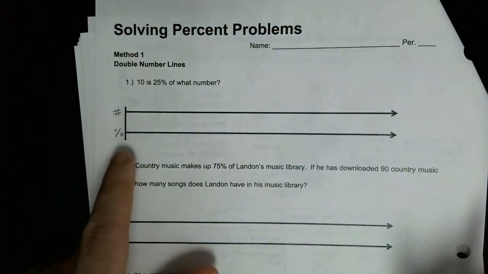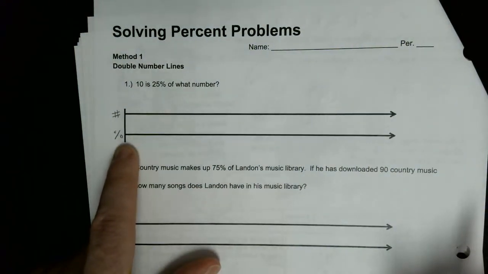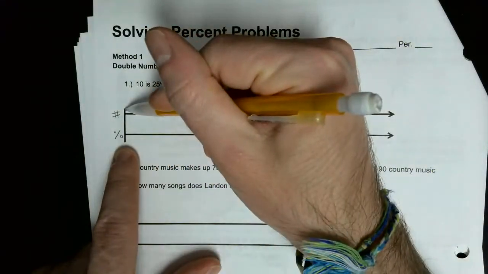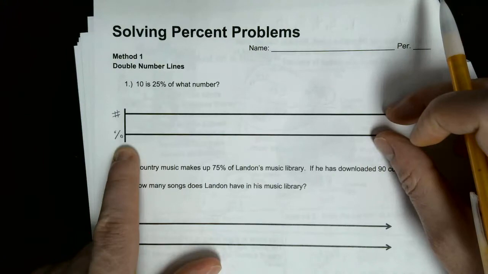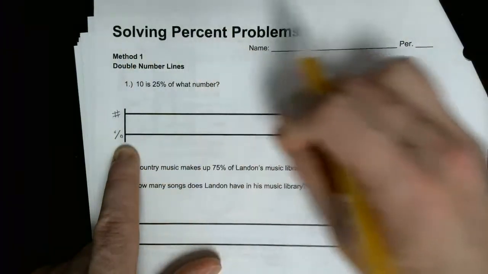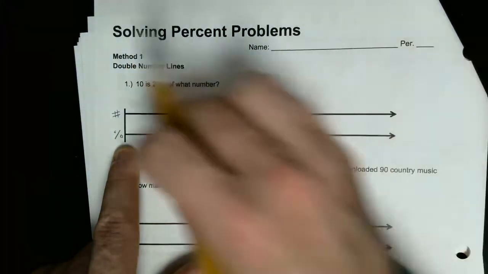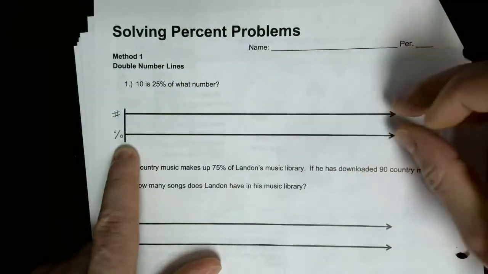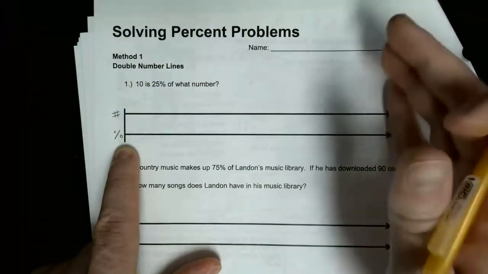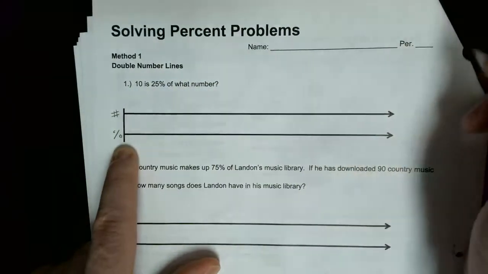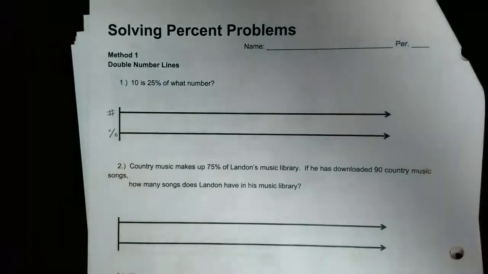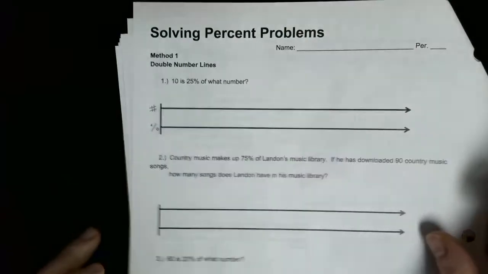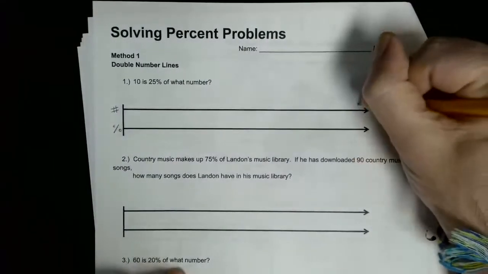So whenever I'm working with percents, I think of this sometimes like when you check your battery on your cell phone. If it's full, all the way up here, it's at 100%. So I'm going to draw a line at one end of the double number line.